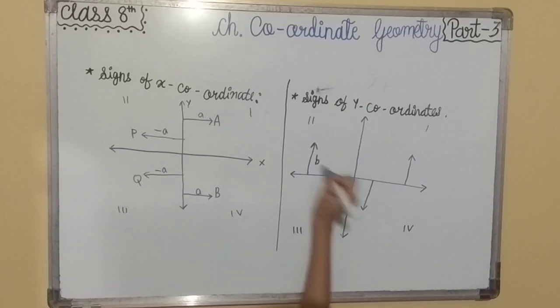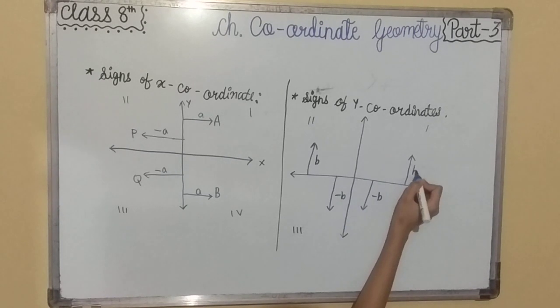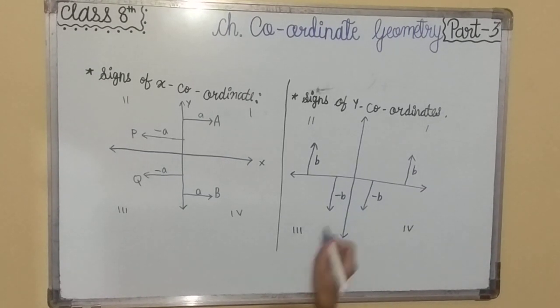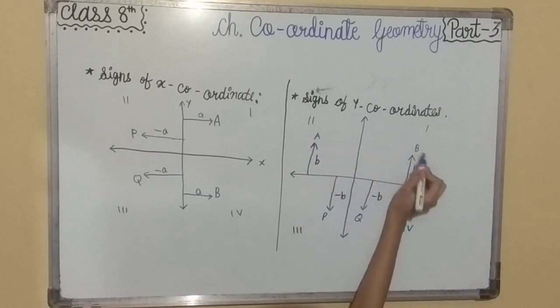This will be B, minus B, minus B and B. This will be P, Q, A and B. Like this is the whole diagram.